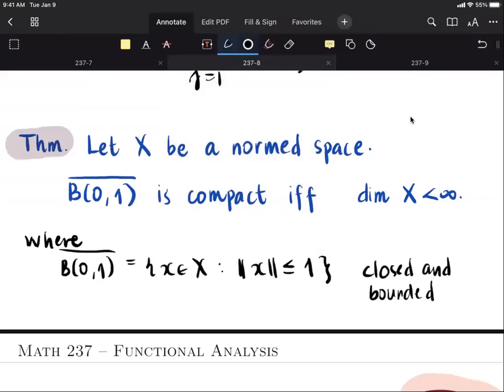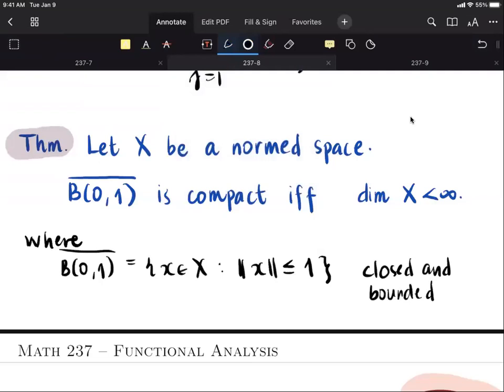So the Heine-Borel theorem is not valid in general, even for normed spaces, if the dimension of X is infinite. So we have here an example of a closed and bounded subset of your infinite dimensional normed space, wherein it is not compact.